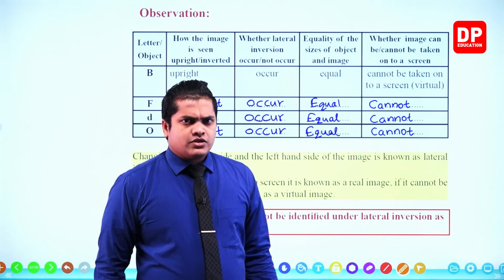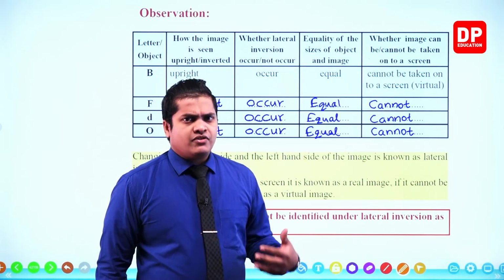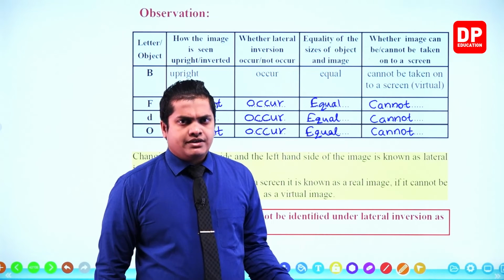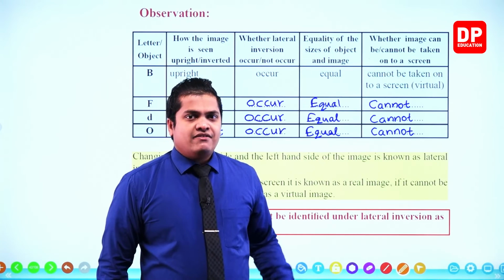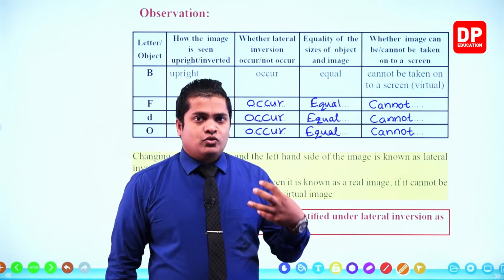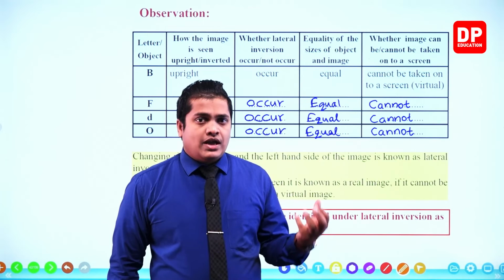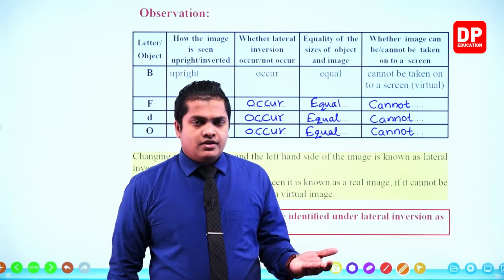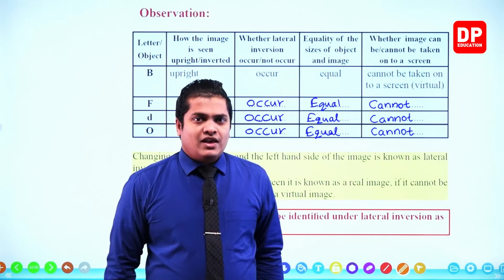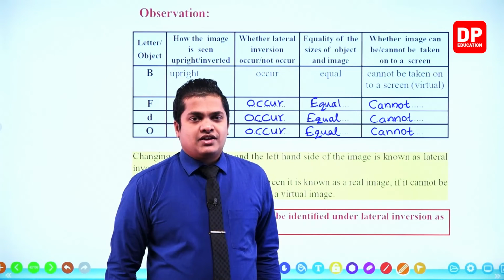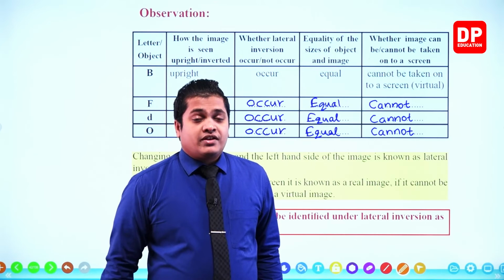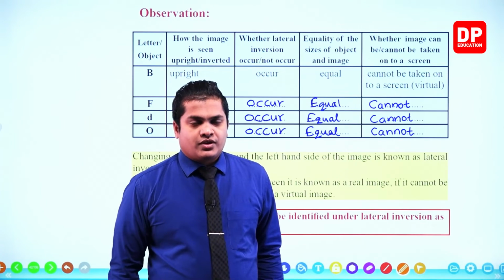In these things also lateral inversion is going to occur, but we won't be able to observe that clearly because those letters are symmetrical, right? Even if you go and stand near a mirror, your image is also very similar to you.